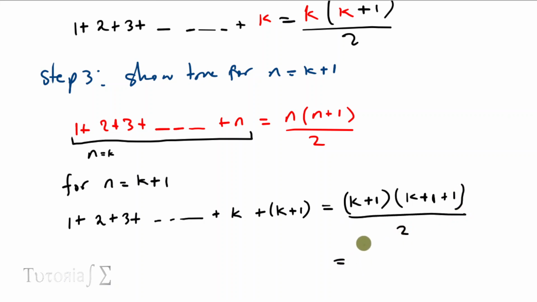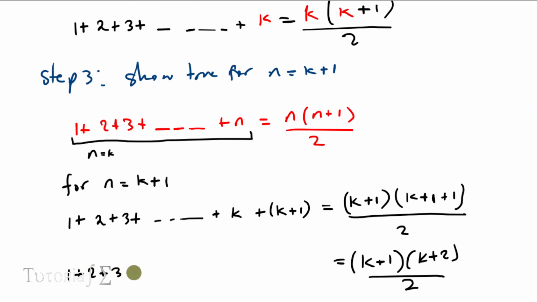So this simplifies to k plus 1 times k plus 2 all over 2. Now, we have 1 plus 2 plus 3 plus all the way to plus k, then plus k plus 1.